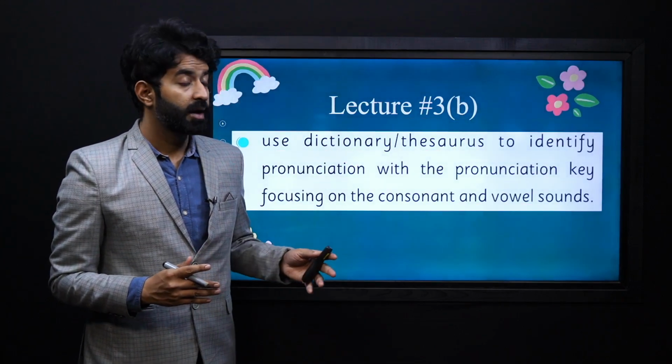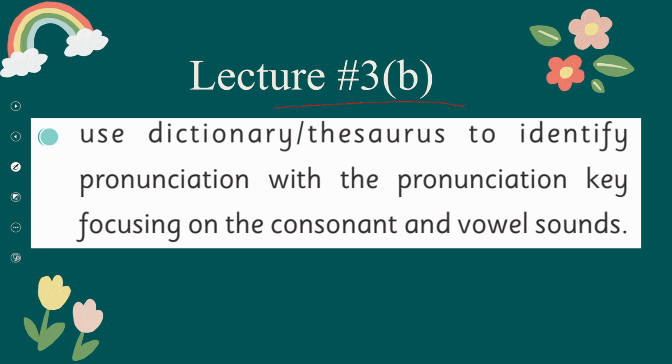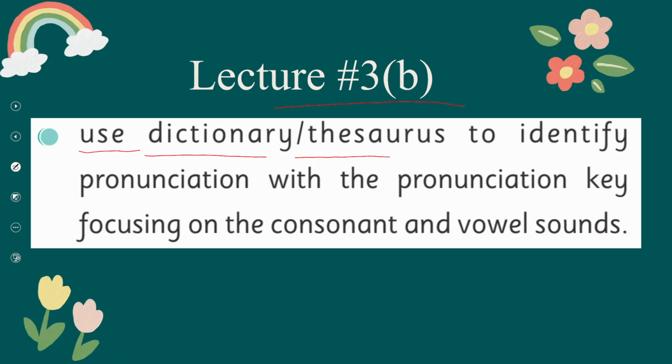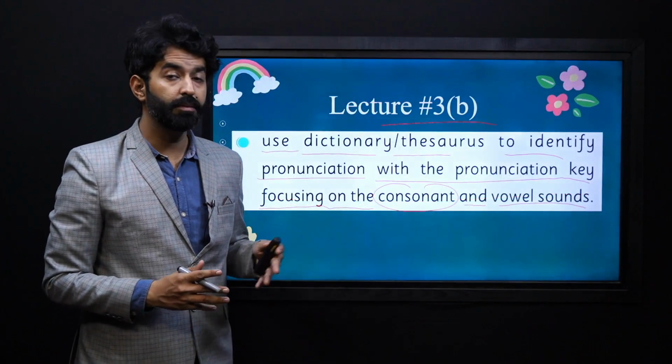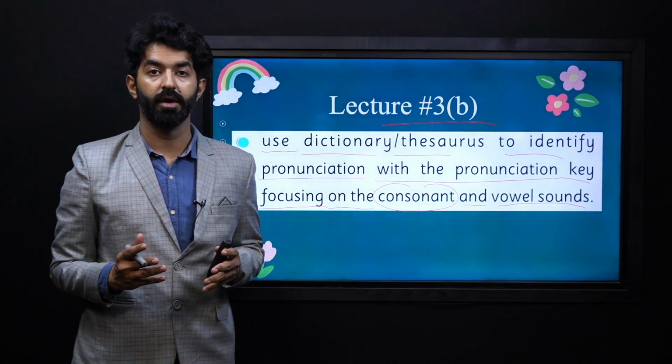Now, let's talk about our lecture number 3B. It says use dictionary or thesaurus to identify pronunciation with the pronunciation key, focusing on the consonant and vowel sounds. So my dear learners, again with our lecture number 3B, we will be using our resource materials, either a dictionary or a thesaurus.